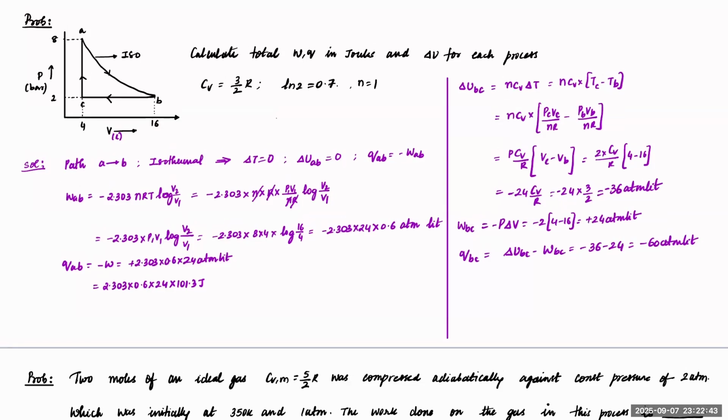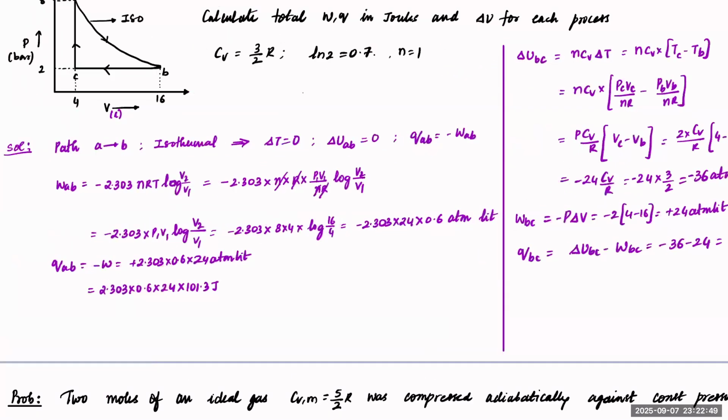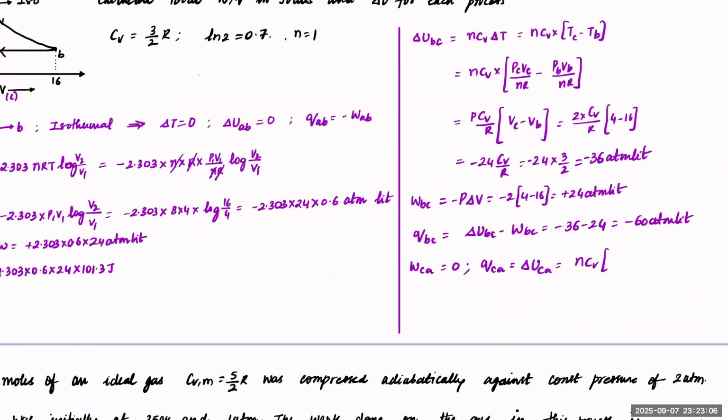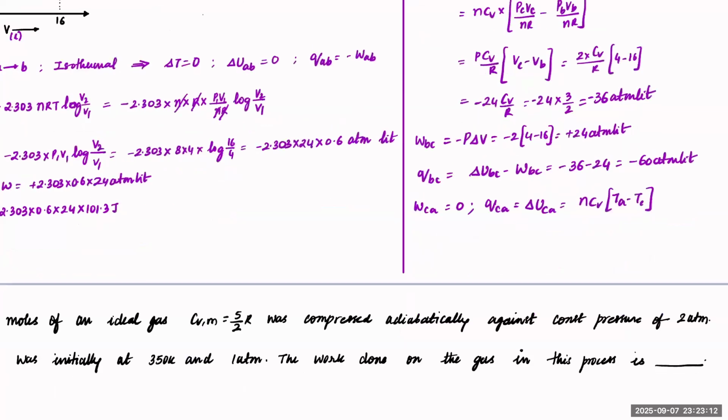And lastly, if you notice, for work done from C to A, that is 0. Q from C to A will be equal to delta U from C to A, which is equal to n Cv into temperature TA minus TC, which can be again written as n Cv into PAVA by nR minus PCVC by nR.